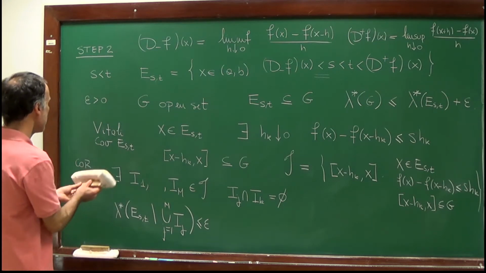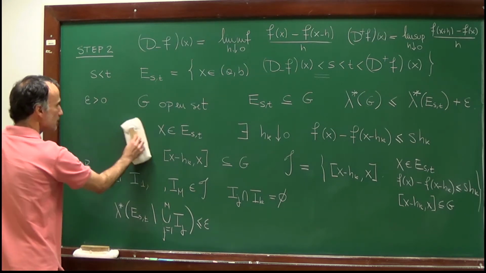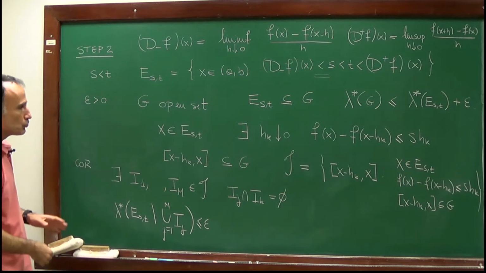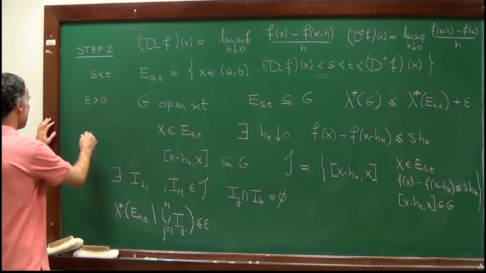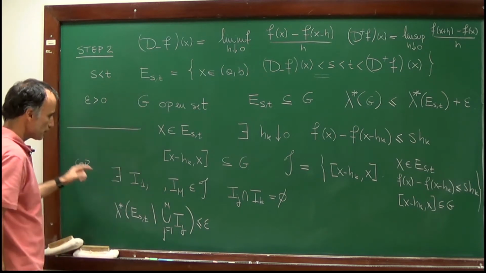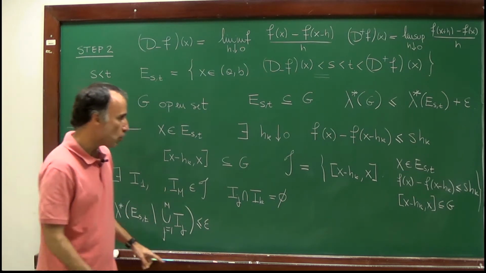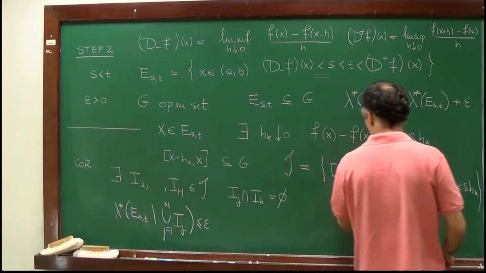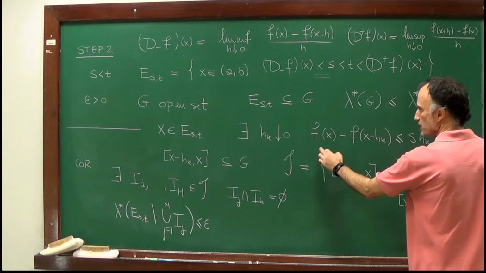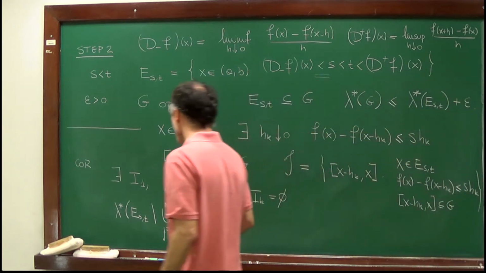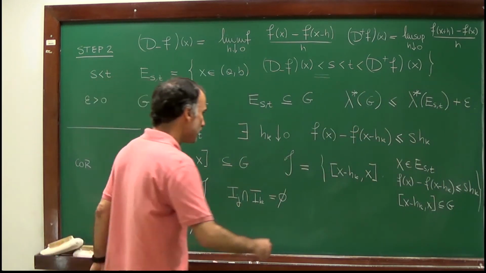Let me just erase here the fact that it's a Vitali covering to write my intervals. So these are intervals. They are all in this family, so they all can be written as [x minus h_x, x] for x in E_s. So let me write I_j.